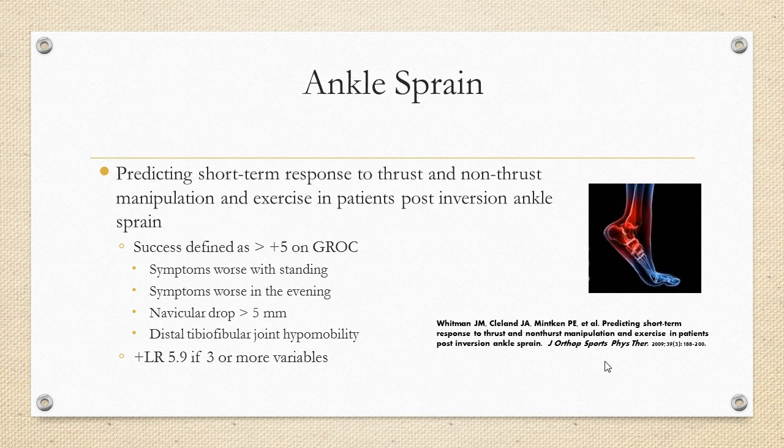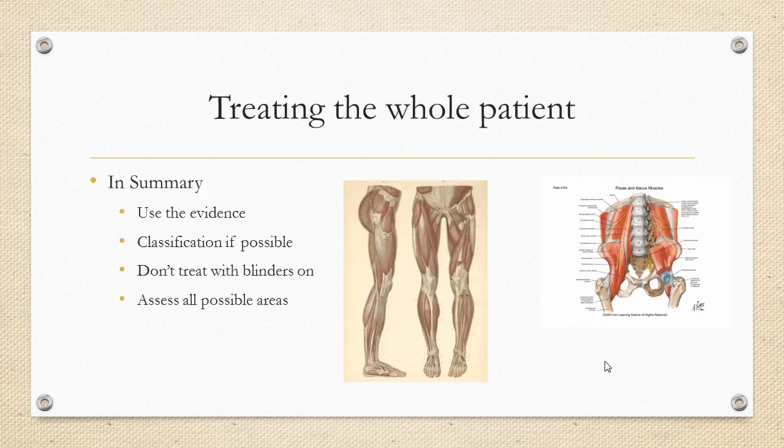Rapid treatment improvement in inversion ankle sprains was determined to be an important clinical decision-making process. The results of the study demonstrated that 75% of patients are likely to experience a successful outcome with the manual therapy and exercise program described in this study.